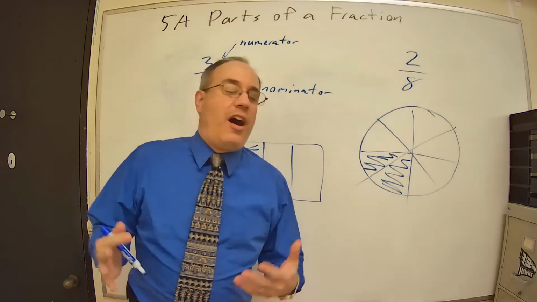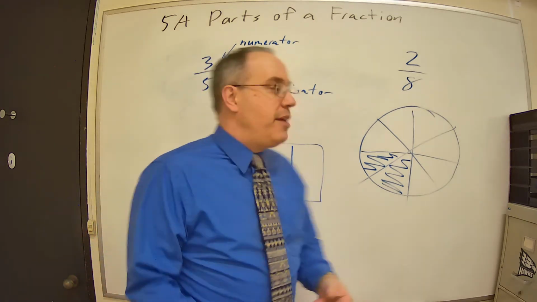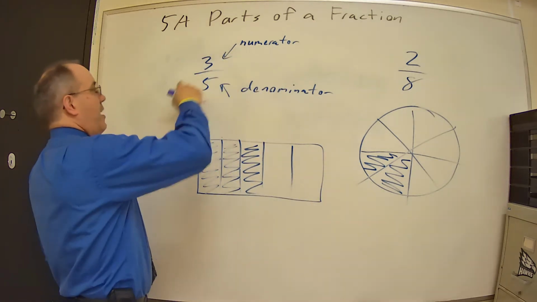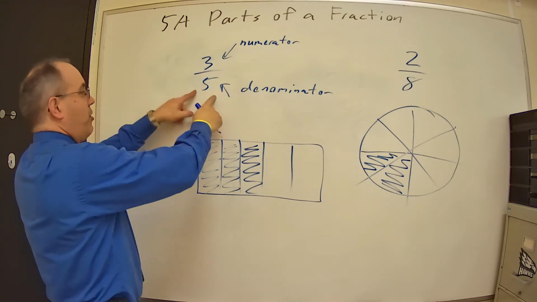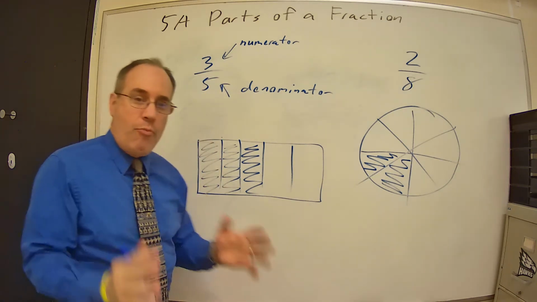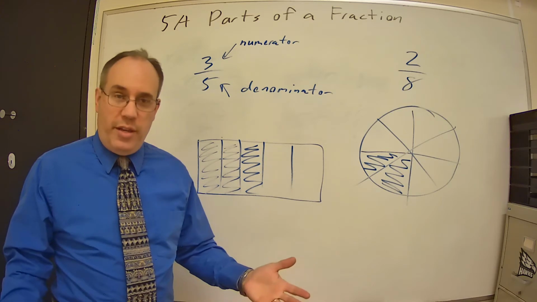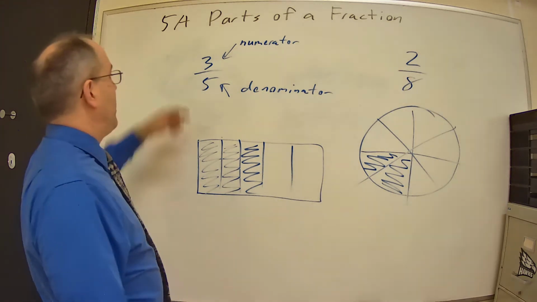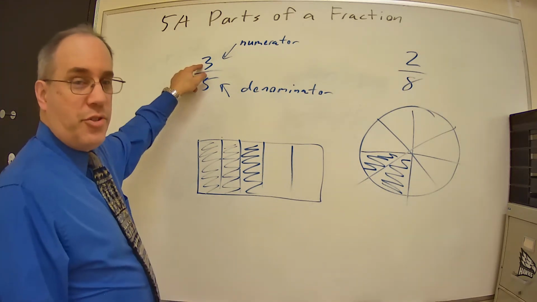So fractions aren't really that bad. It's giving you a base to look at, the denominator, how many pieces make up a whole one. And it tells you how many pieces you have.